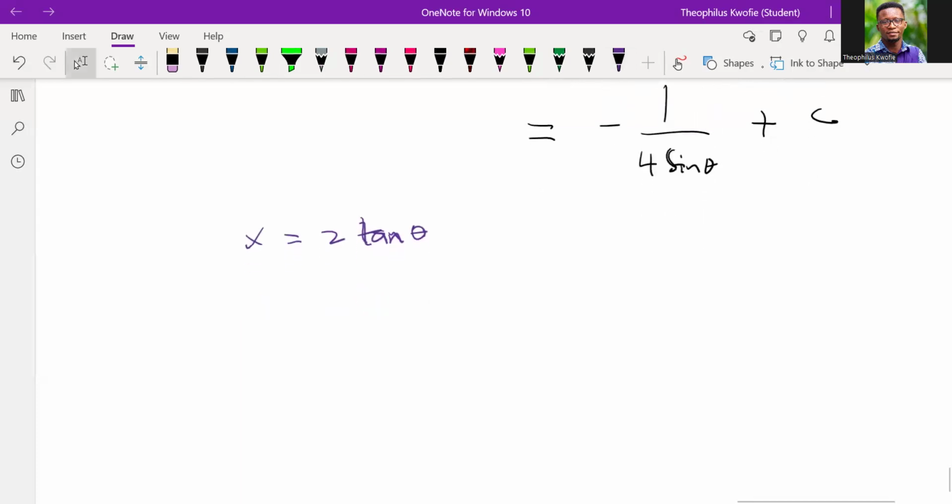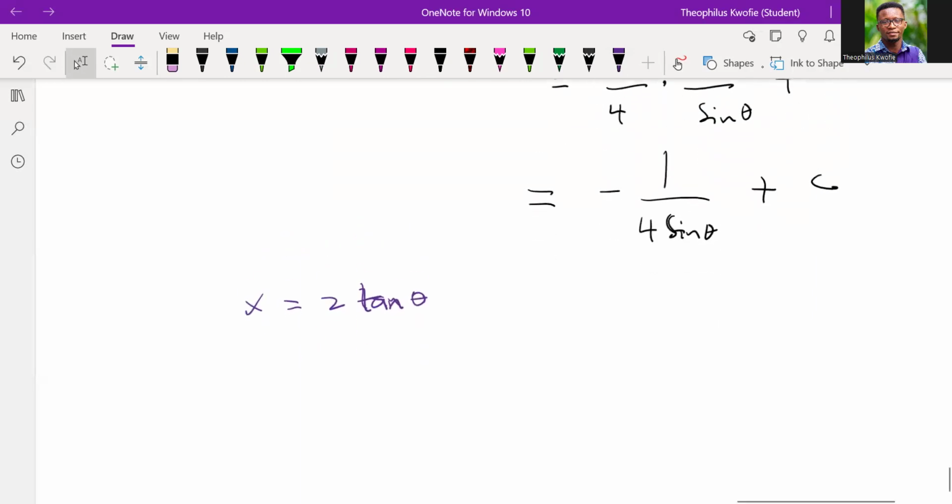Now it is best that we look at it from a different angle. What we need is sine theta. All that we need is sine theta.